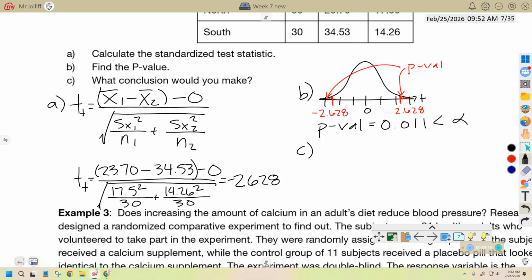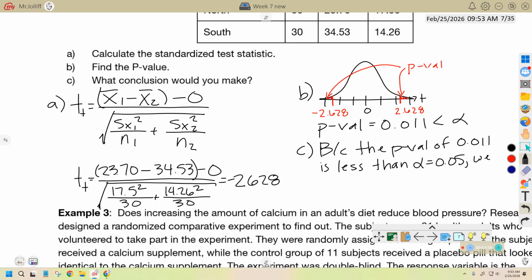So for my conclusion, C, because the p-value of 0.011 is less than alpha equals 0.05, we reject H0. That is the first sentence. And I am hoping we have seen that sentence frame enough that you have it in your head, whether you want it there or not. There is a second sentence.